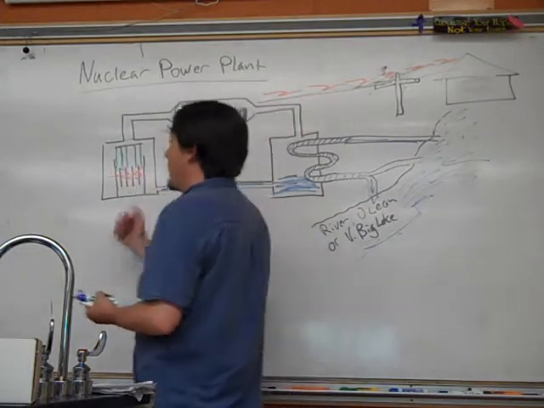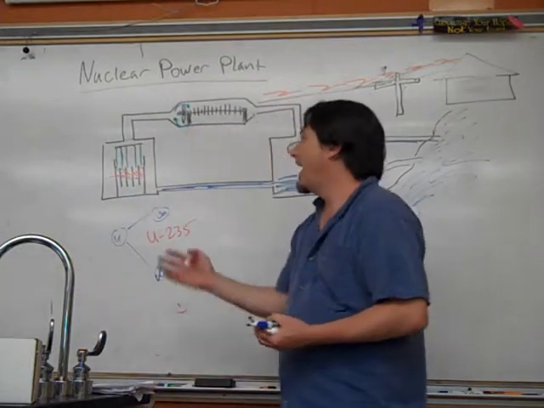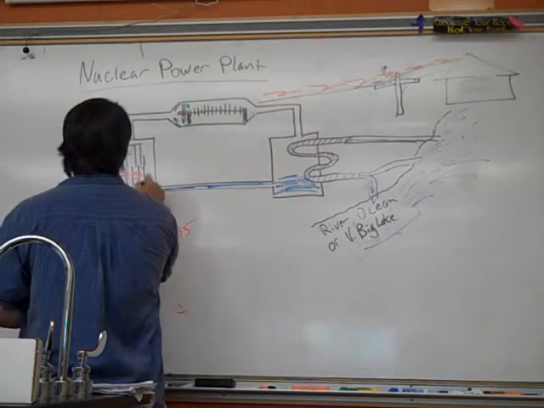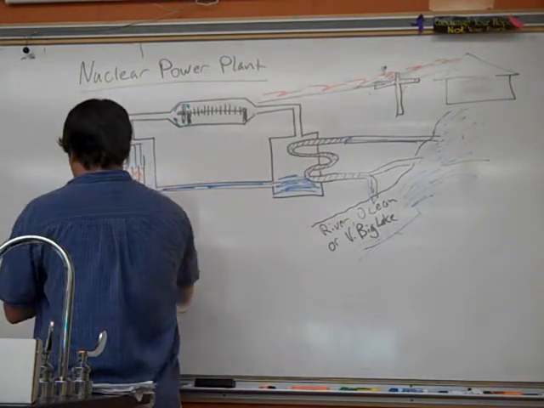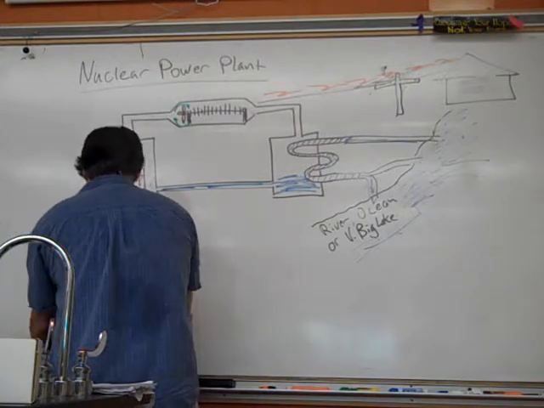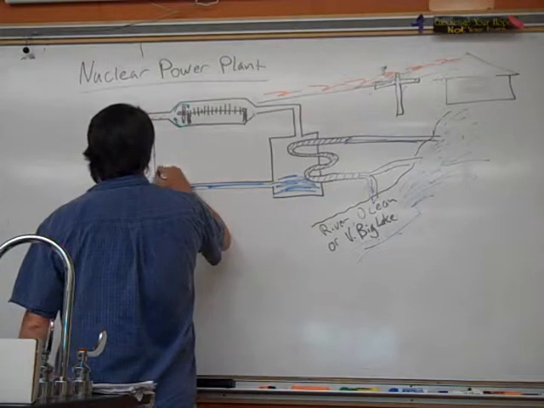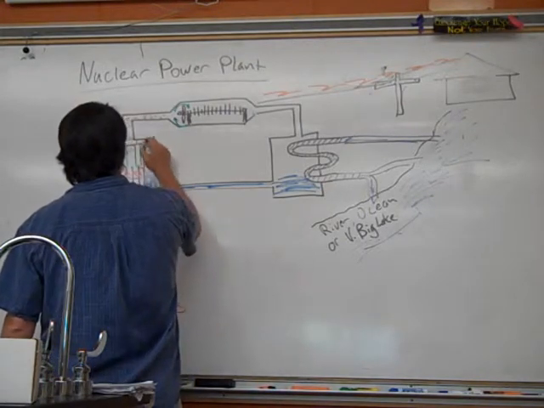the chain reaction causes an enormous amount of heat to be released, and that causes the water that's in here to boil, to turn into steam. So the water goes from a liquid form to steam, basically.